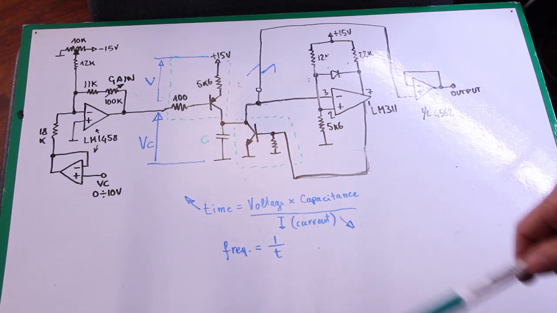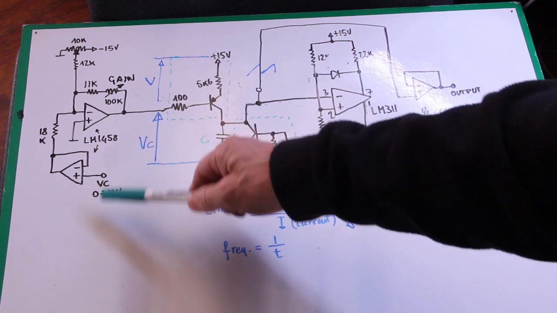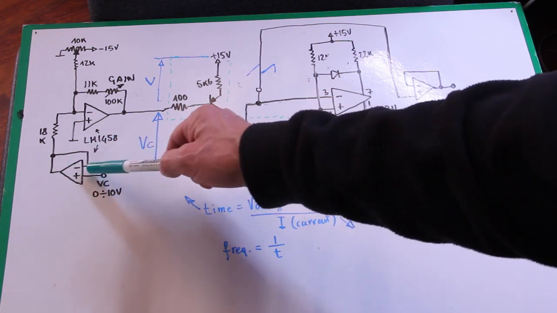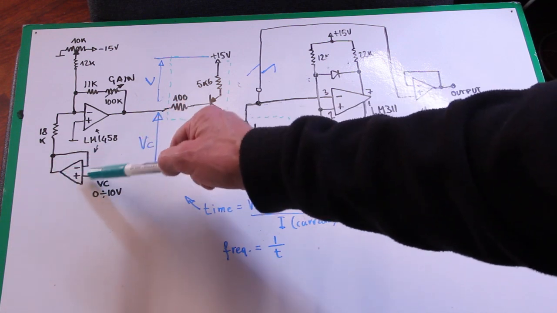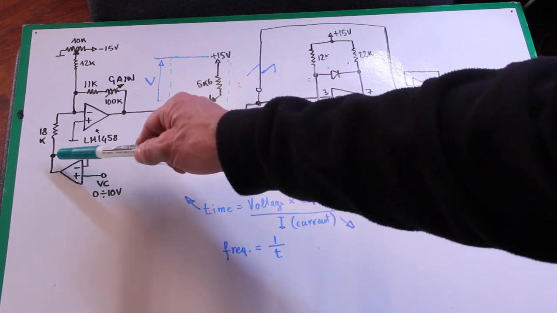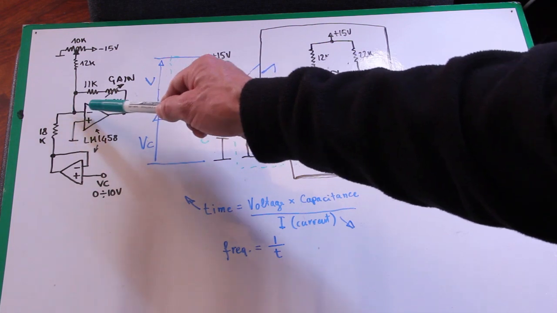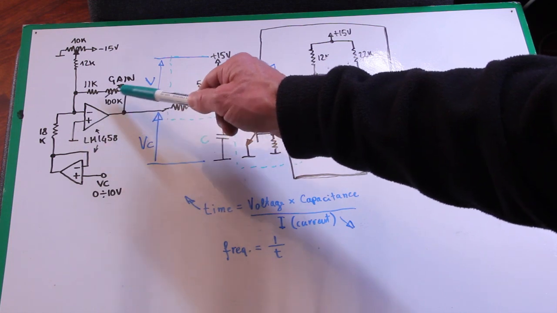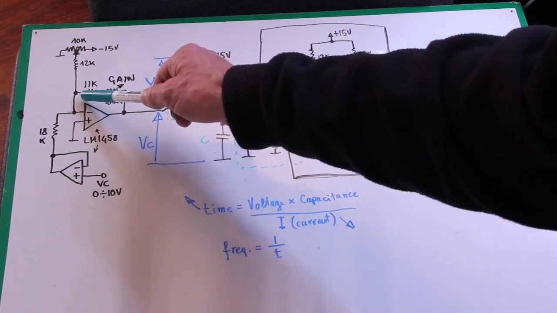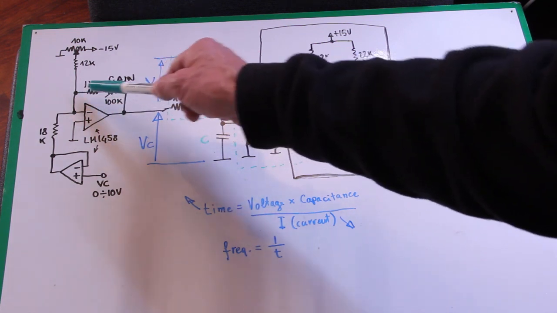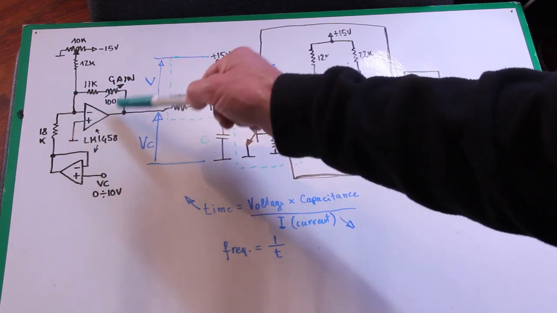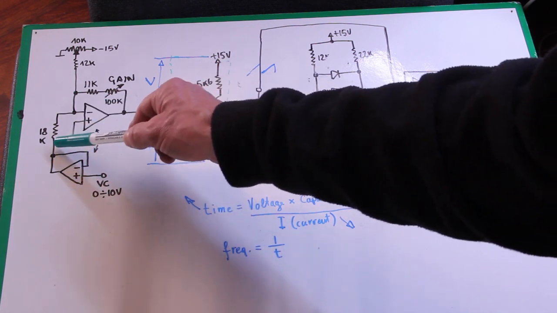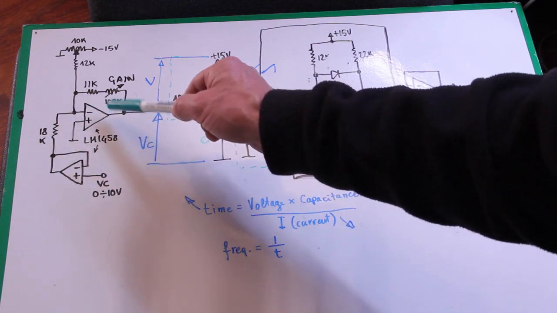To solve this problem, we feed the voltage control to an op-amp, here a buffer connected in a non-inverting configuration, and then we feed this voltage to this other operational amplifier, where we have this network that will change the gain of the operational amplifier, and you will notice that the voltage here is inverted.